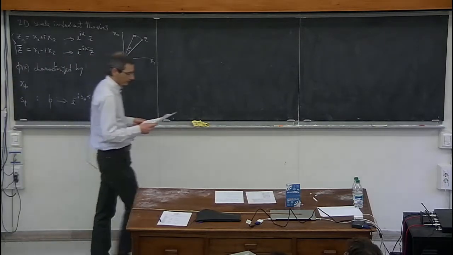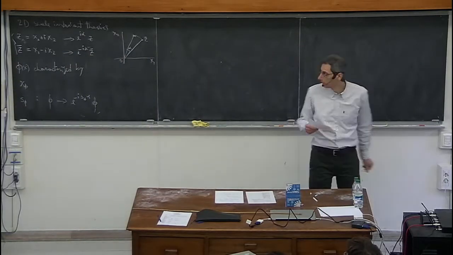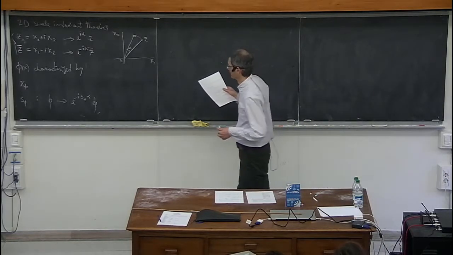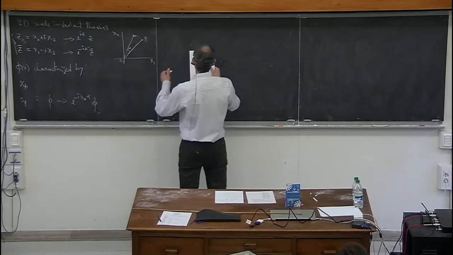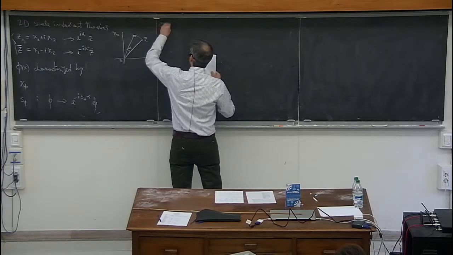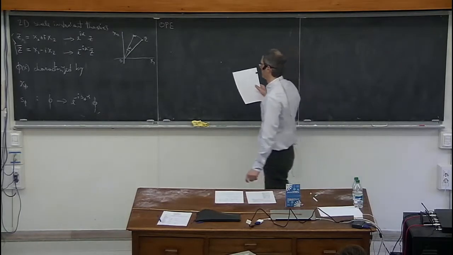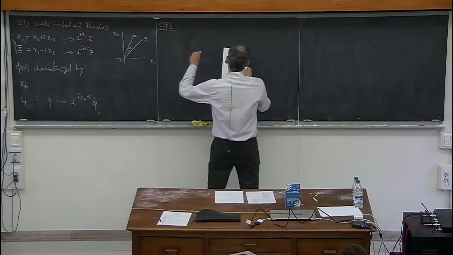Okay, so with this we can easily move to write the OPE that Caroline mentioned a few minutes ago. This is the operator product expansion, an important property of field theory. It says the following.